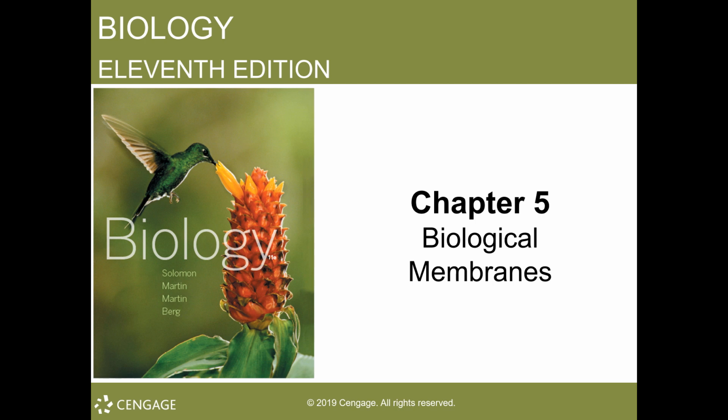So in this chapter, we'll focus on the structure and functions of the plasma membrane that surrounds the cell and on the membranes that surround many organelles. So we first consider what is known about the composition and structure of these biological membranes, the namesake of the chapter, and then we'll provide an overview of the many vital functions of cell membranes, including transport of materials and information transfer.